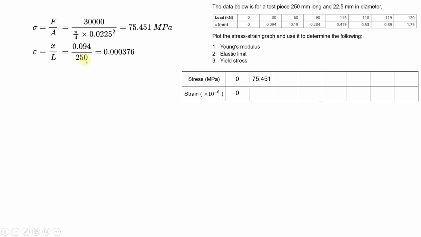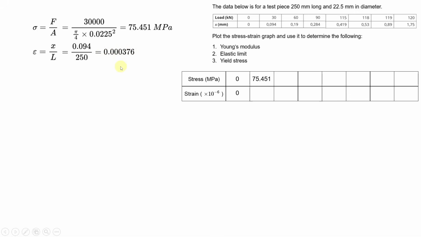If you want, you can change all to meters, but there is no need to do that, because you can just keep the elongation in millimeters and use the length in millimeters as well, so long as you are consistent with the unit in the numerator and the denominator. So the elongation was 0.094 millimeters, dividing it by the original length, which is in millimeters also, 250, it's given there. If you divide the elongation by the original length, then you get the strain.